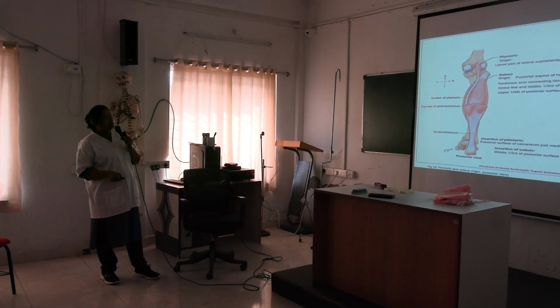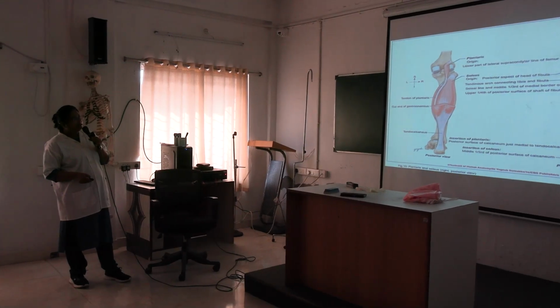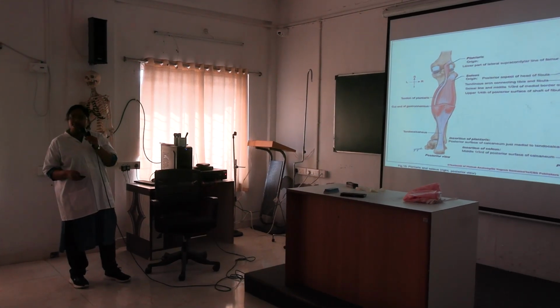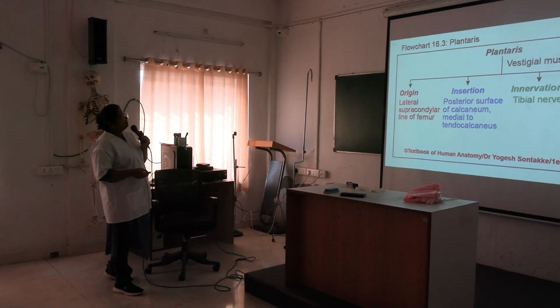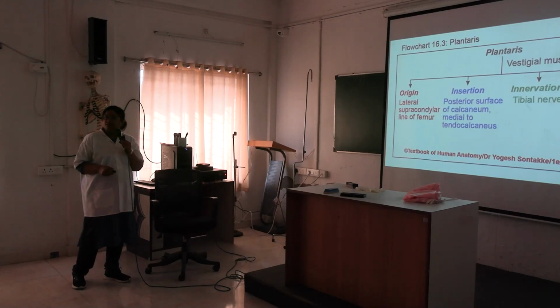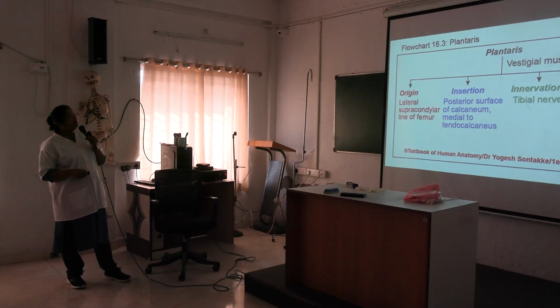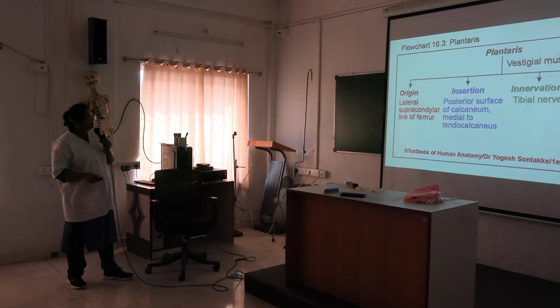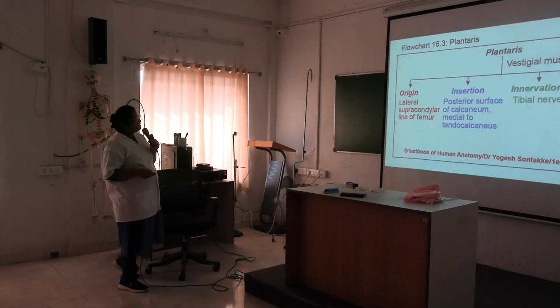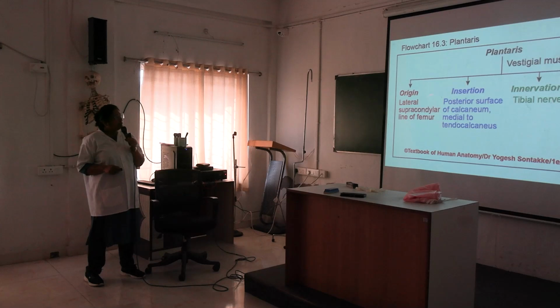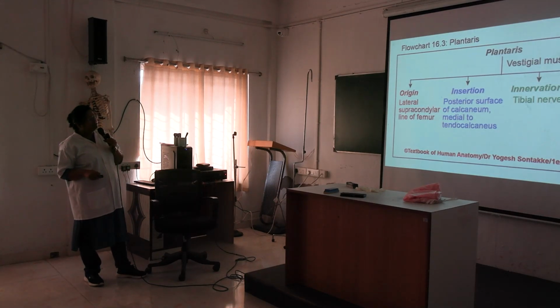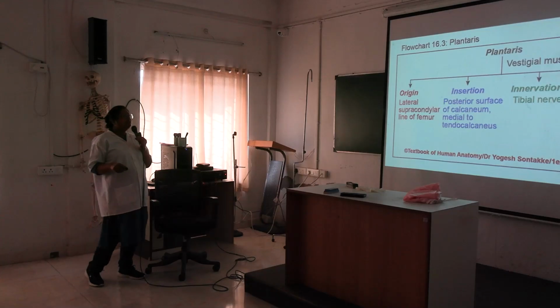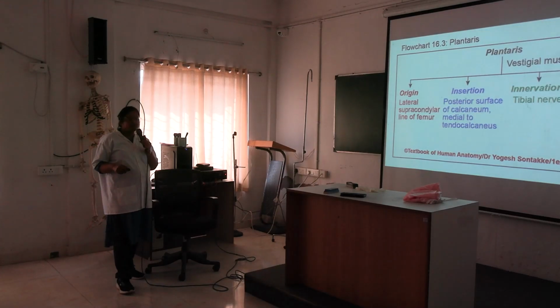Here is the tendocalcaneus and here is the insertion of plantaris. Plantaris is a vestigial muscle, origin from the lateral supracondylar line of femur, insertion into the posterior surface of the calcaneum medial to the tendocalcaneus, innervation by the tibial nerve, and action is to support the gastrocnemius.